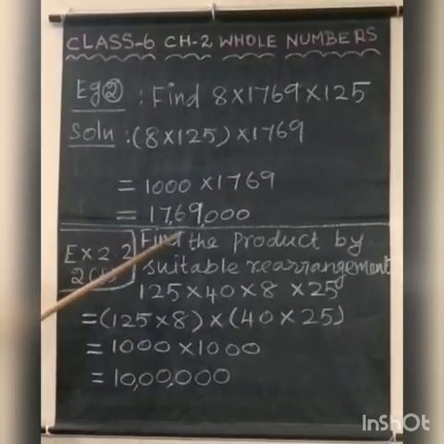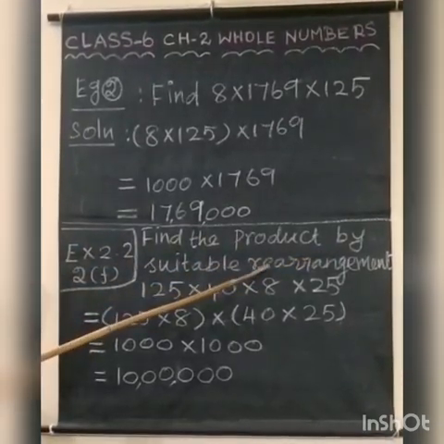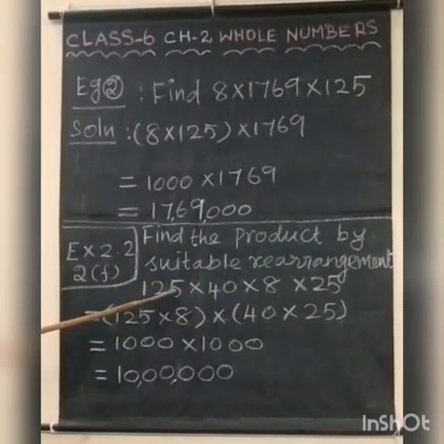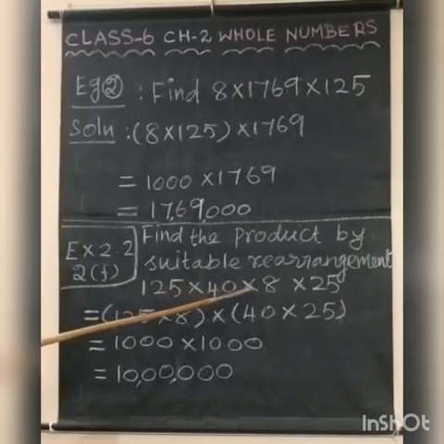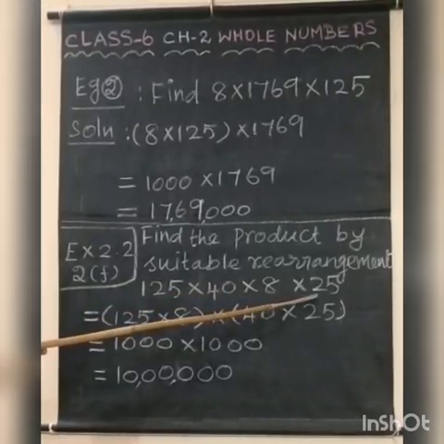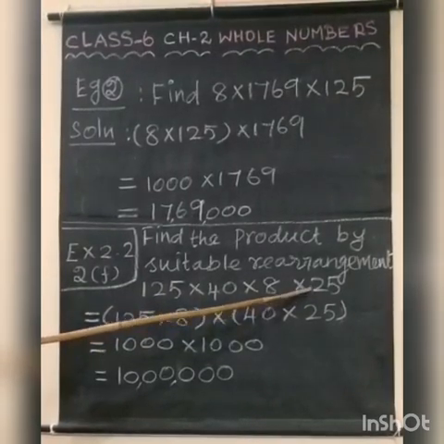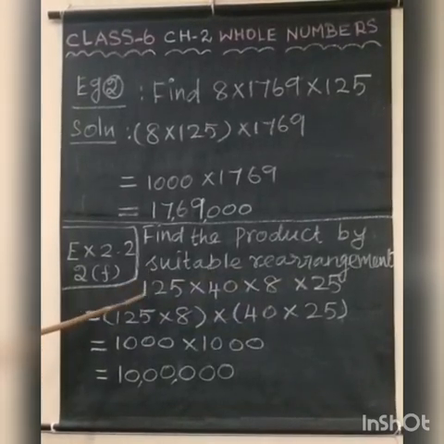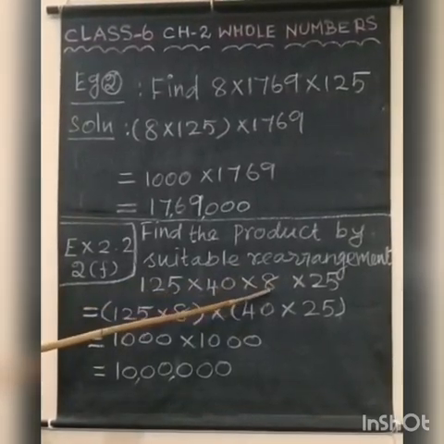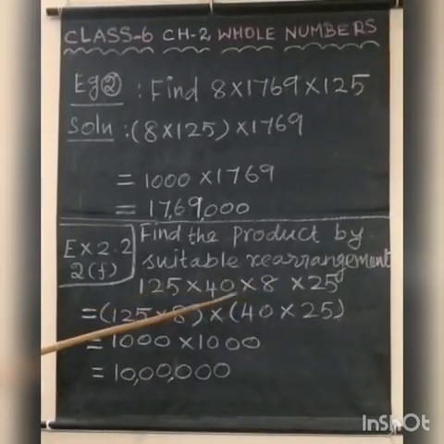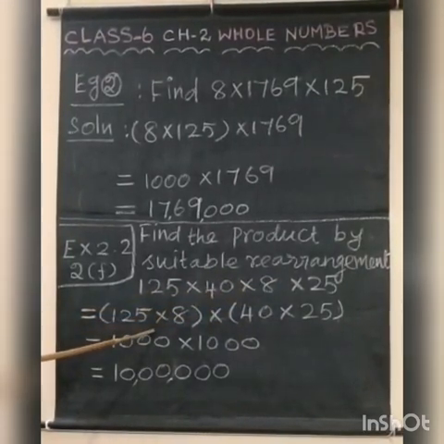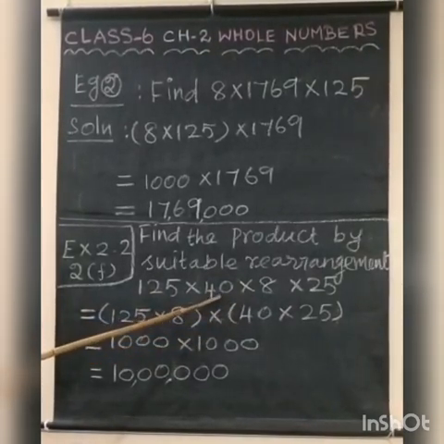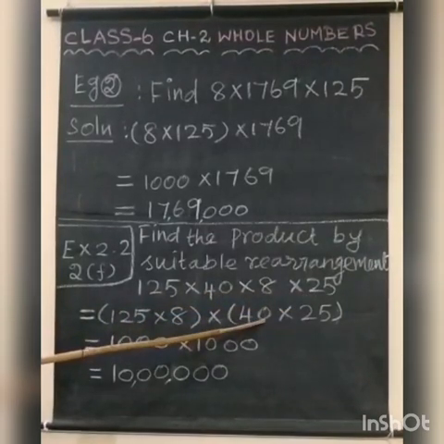Find the product by suitable rearrangement. The given number is 125 into 40 into 8 into 25. Okay, the solution: first we are grouping 125 and 8 because we get 0 in one's place. 125 into 8, then the other group is 40 into 25.